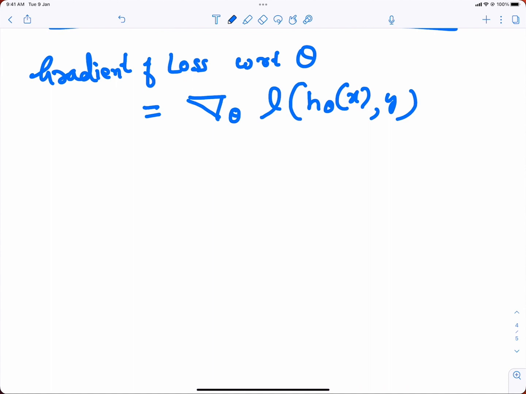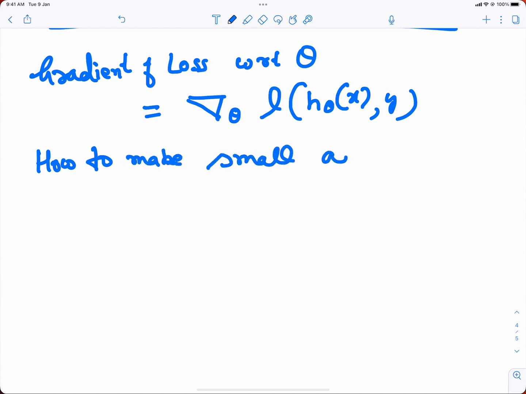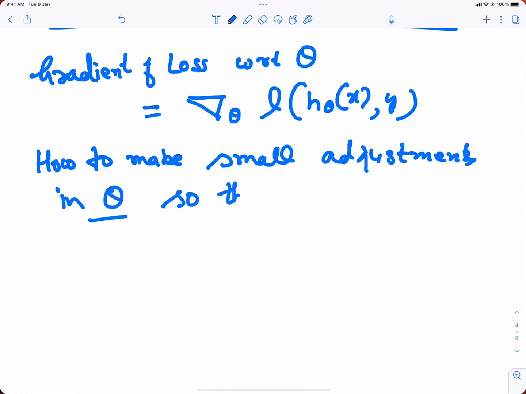So what is the objective here? How to make small adjustments in theta so that loss is reduced.